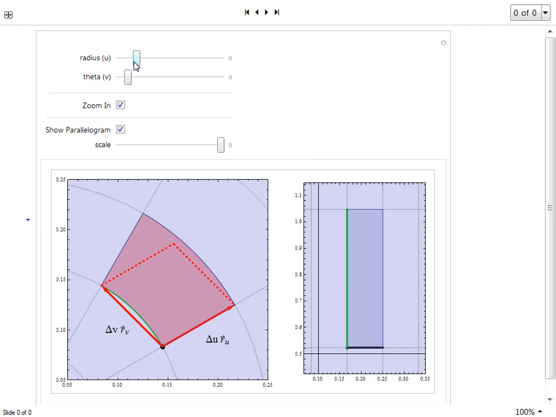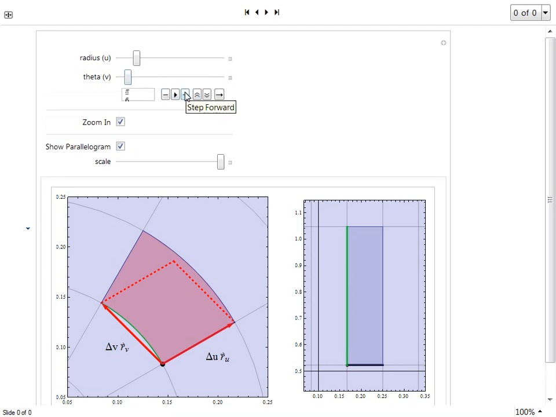So I'm going to change my theta. I'm going to make theta jump. When I make theta jump, look what happens over here. I made my theta change from here to here, and it jumped from that corner to that corner, which means that side of this rectangle corresponds to this arc of the polar region.